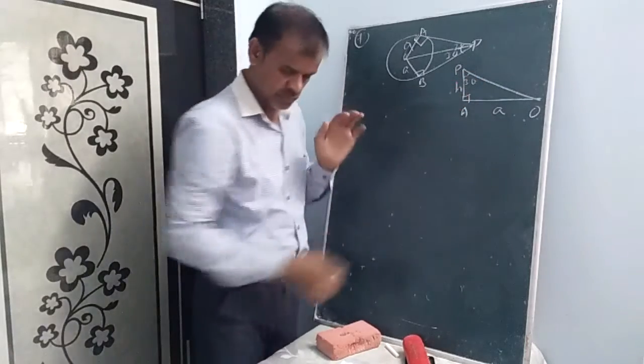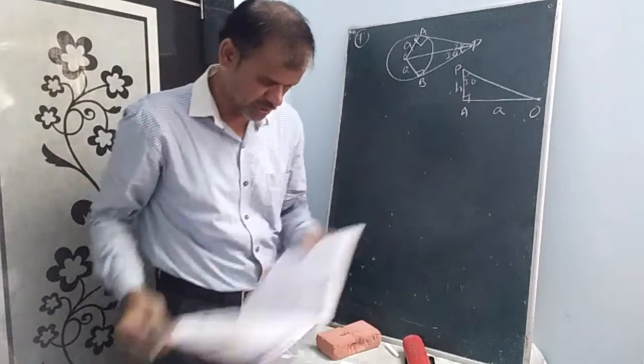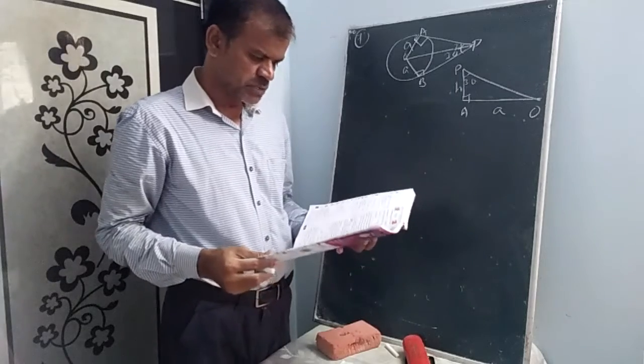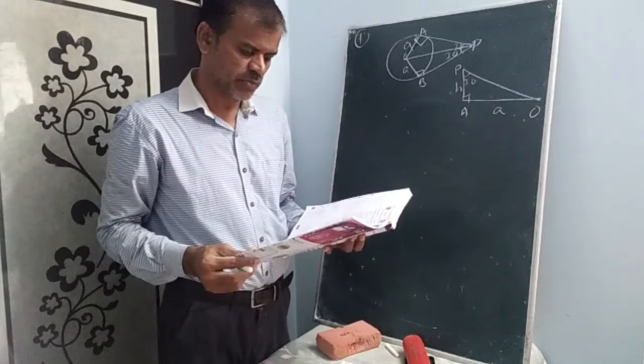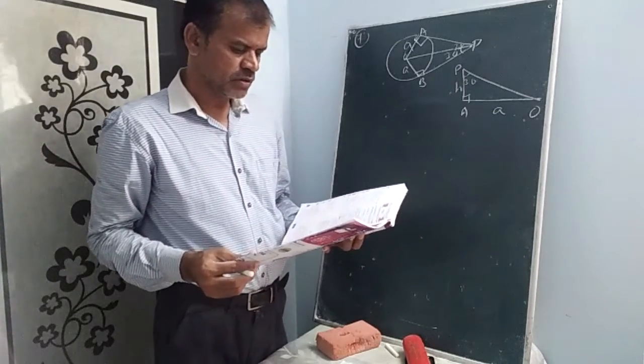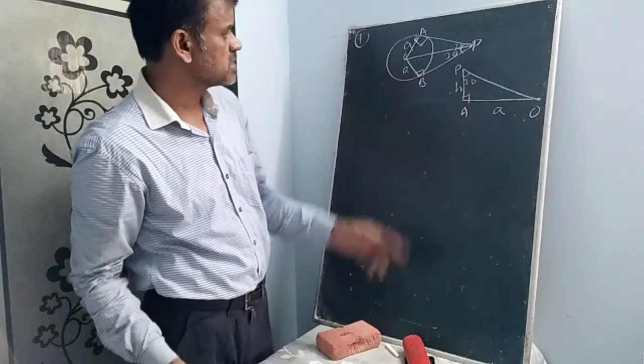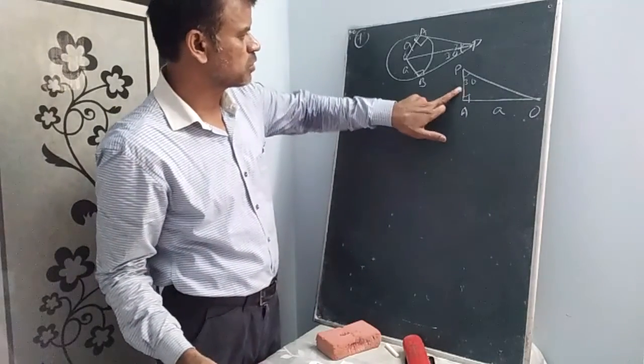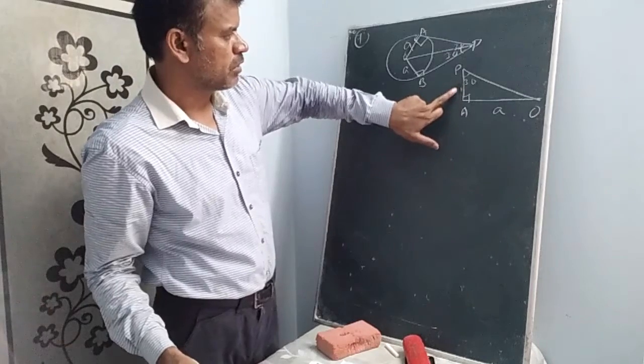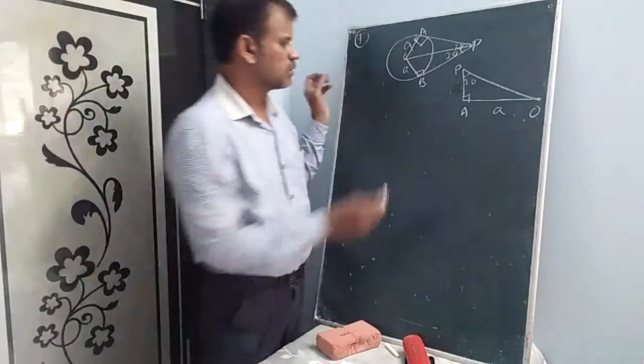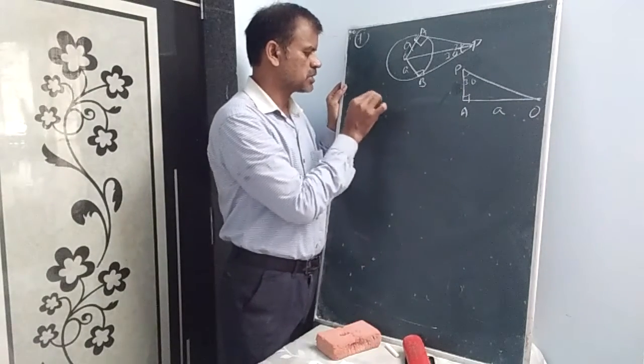Let us read the question once again. A sphere of radius a subtends an angle of 60 degrees at the point P. The distance of P from the center of the sphere, so OP we need to calculate. While calculating the hypotenuse, we can use sin or cos.